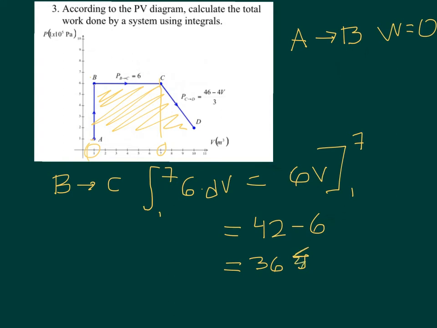But if you pay attention to the unit on the y-axis, the pressure is given in 1 times 10 to the 5 Pascal. So the unit will actually be 36 times 10 to the 5 joules.